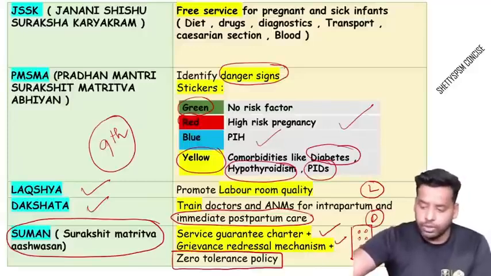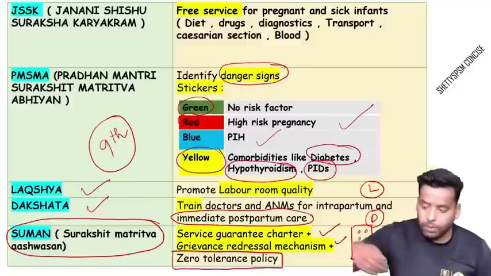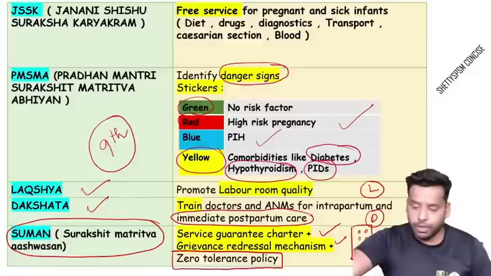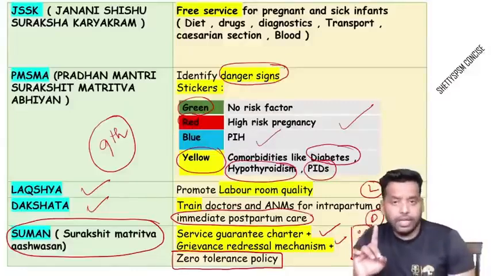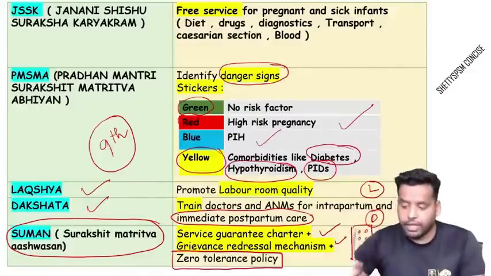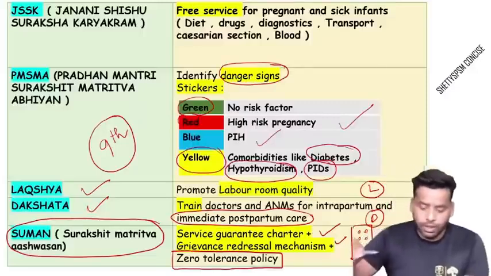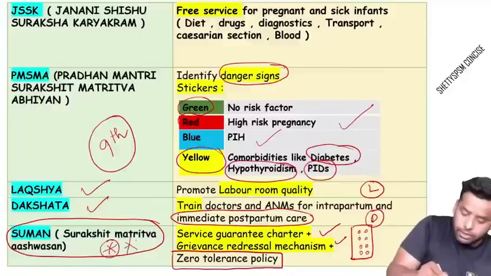How to make sure the service will reach the beneficiary, that is very, very important. By giving one, service guarantee charter in the hospital, and second, grievance redressal mechanisms. So zero tolerance policy is followed under which scheme, so that service has to reach the beneficiary?